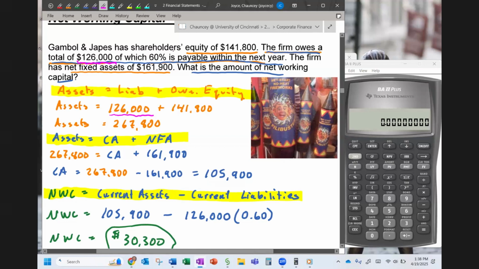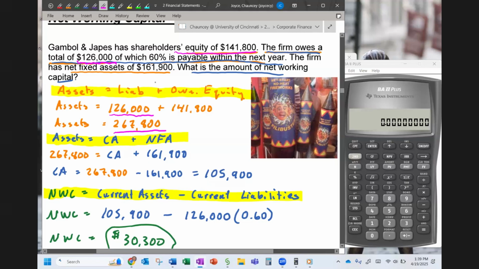So we have total assets of $267,800. We are also given 60%, which we could use to find current liabilities. We have net fixed assets, or long-term assets, of 161,900. So actually that's what we'll do next.